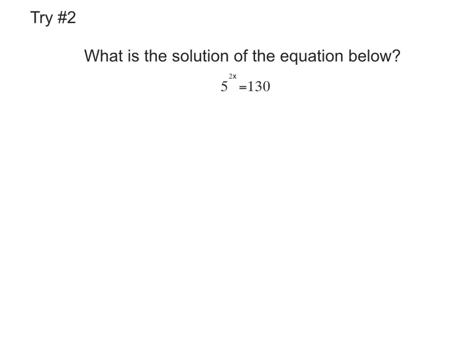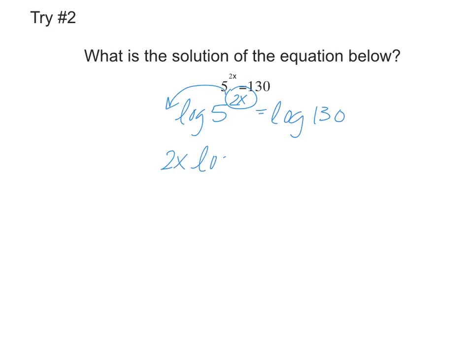Again, we notice that there's not a common base here, so the only way to make this work is that we have to use log. So log 5 to the 2x equals log of 130. We'll then take that exponent and move it to the front. So this becomes 2x log 5 equals log 130.